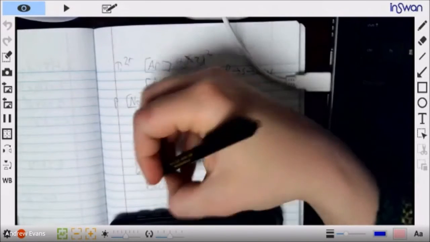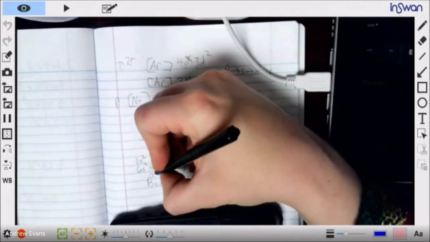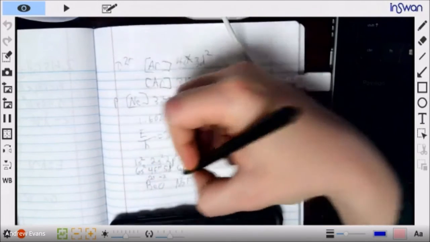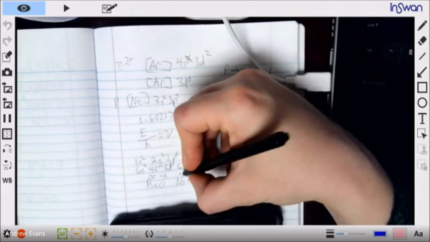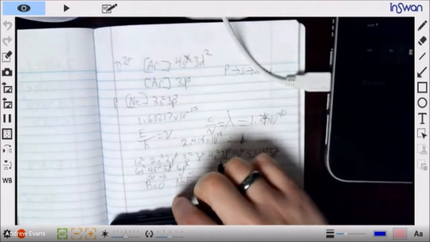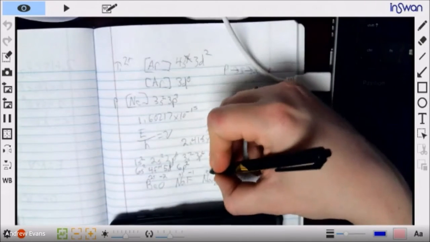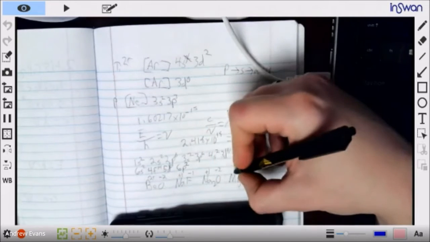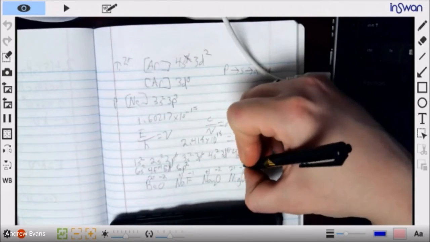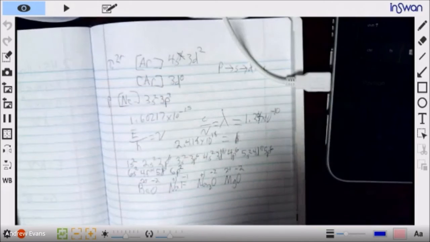Beryllium is 2+. Oxygen is 2-. Sodium is +1. Fluorine is -1. Sodium is +1. Oxygen is 2-. Magnesium is 2+. Oxygen is 2-.